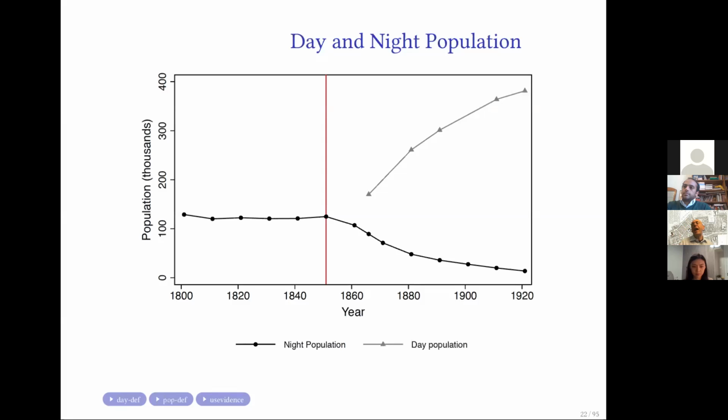It's going to have this key implication that when you have a revolution in transport technology that reduces the costs of separating where you live and where you work, you should see locations start to specialize. Some places start to specialize as workplaces, namely the areas that are relatively productive and have an advantage as a workplace.